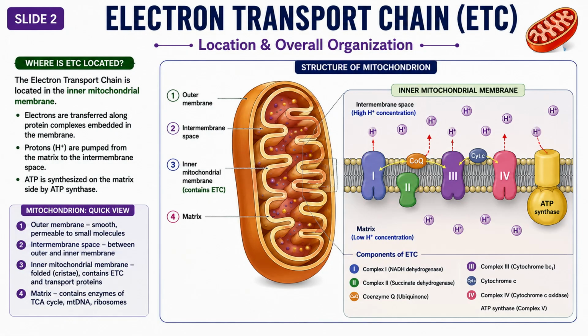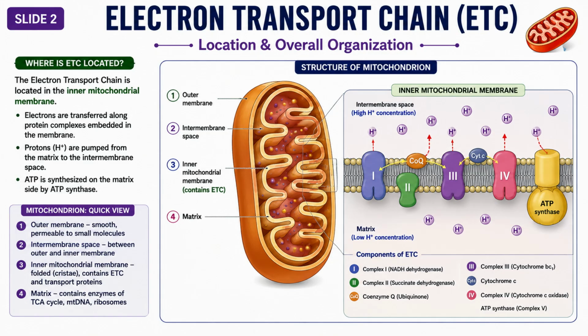The Electron Transport Chain, or ETC, is located in the inner mitochondrial membrane of eukaryotic cells. The mitochondrion consists of an outer membrane, intermembrane space, inner mitochondrial membrane, and matrix. The inner mitochondrial membrane is highly folded into structures called cristae, which increase the surface area available for energy-producing reactions.